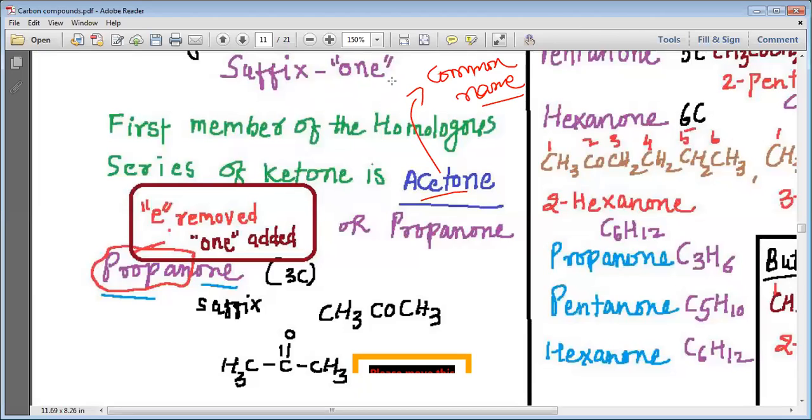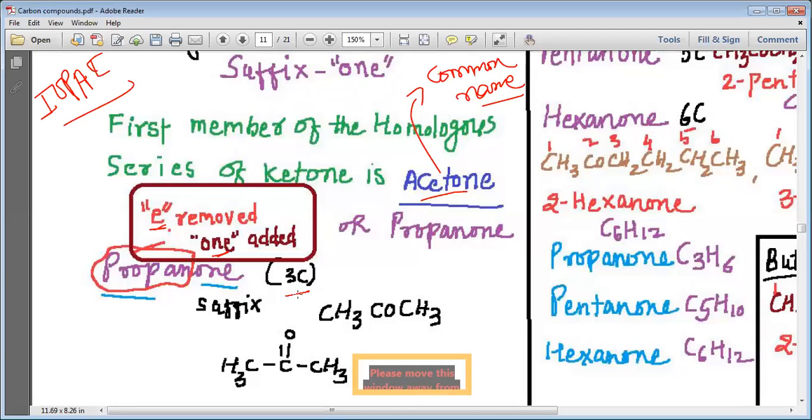Now, how do we write the IUPAC name for this compound? We write the IUPAC name by adding the proper suffix or prefix. From the name of the alkane, E is removed and "one" is added.